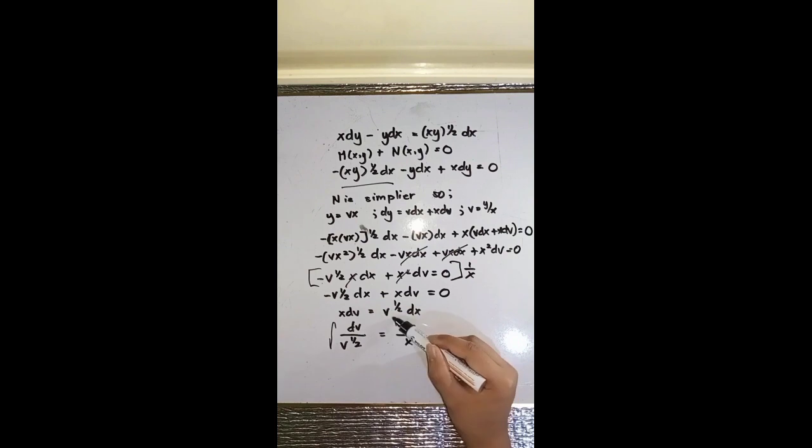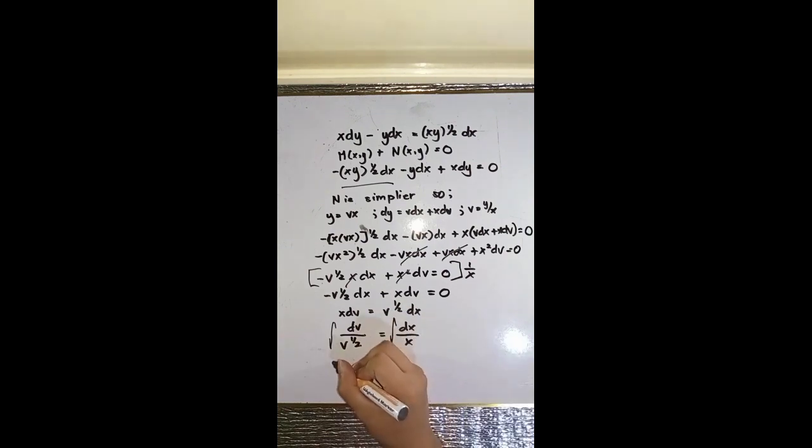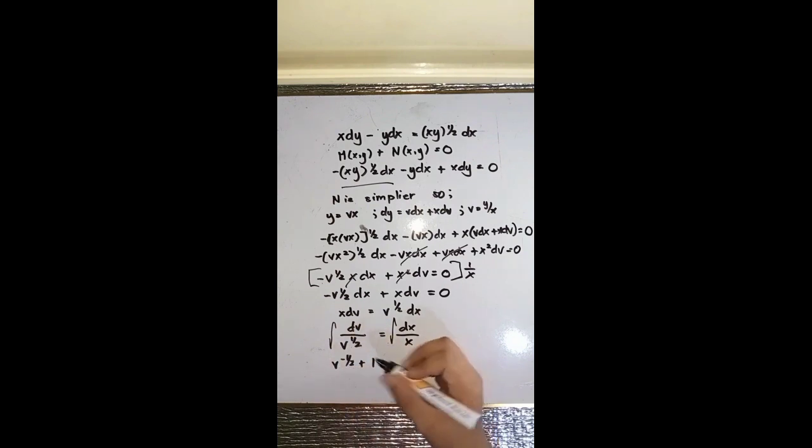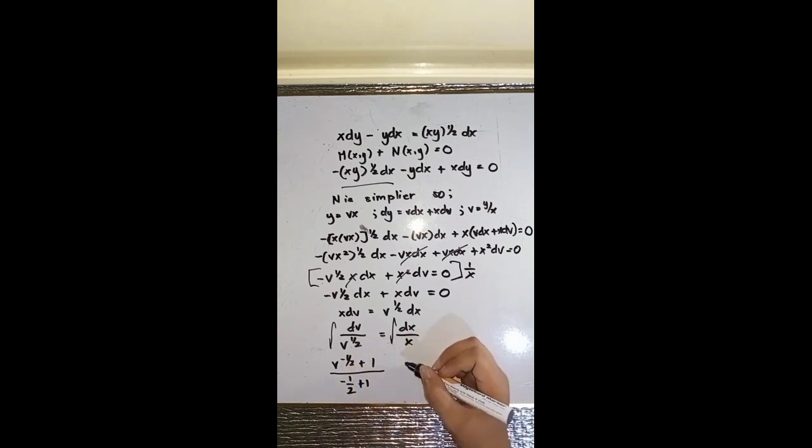So the integration of dv over v^(1/2) is v^(-1/2 + 1) over (-1/2 + 1) equals the integration of dx over x, which is ln x, and we're going to add the arbitrary constant, which is c.